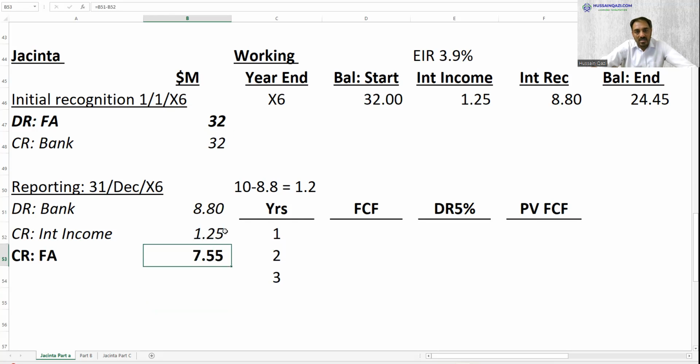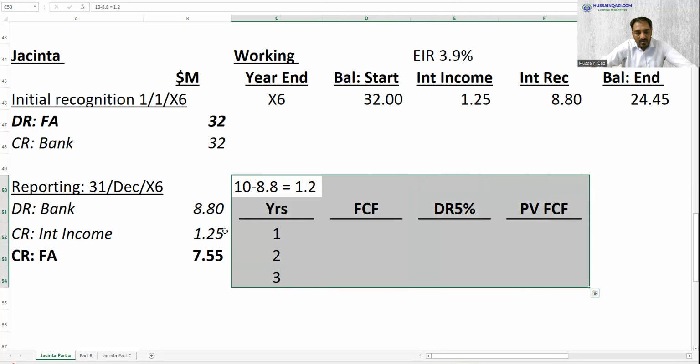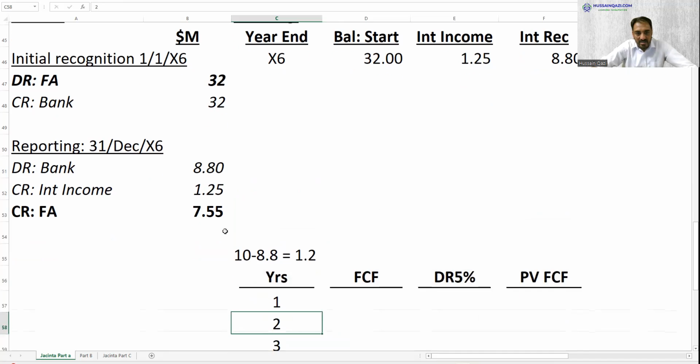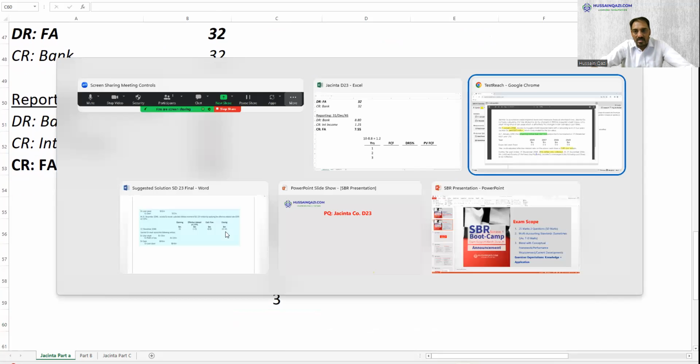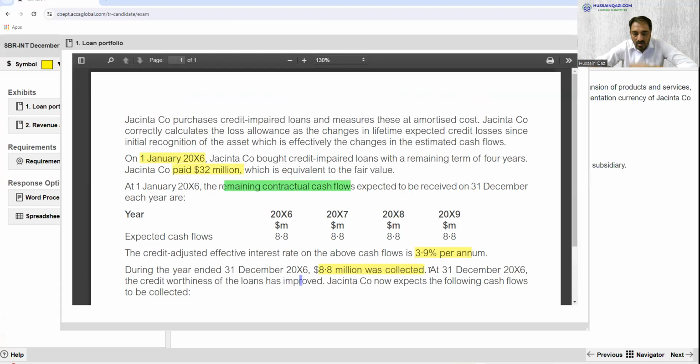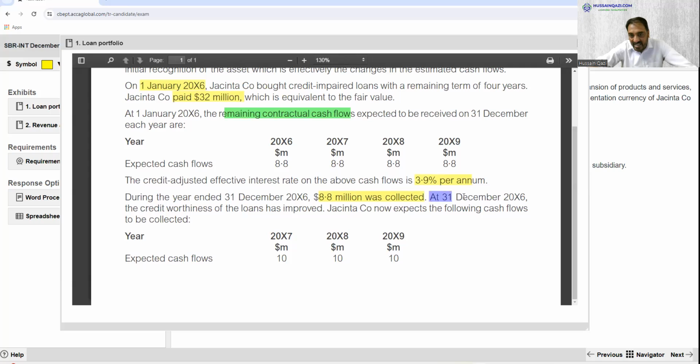It's very simple. But students, one more important point before reporting at 31st December X6. At 31st December X6, the creditworthiness of the loan has improved, and Jacinta now expects the following cash flows to be collected. When originally purchased, we were expecting 8.8, and after 1 year we received the same amount.